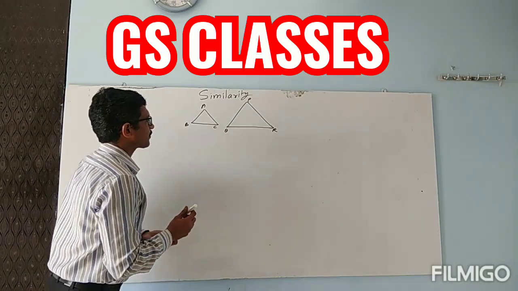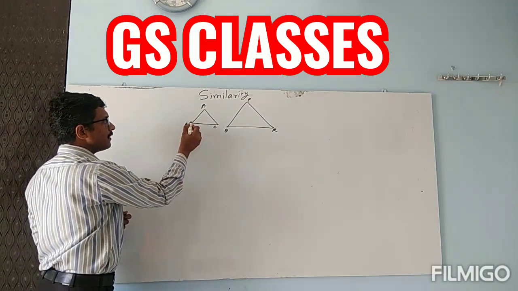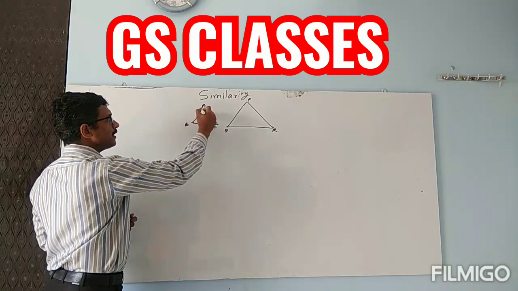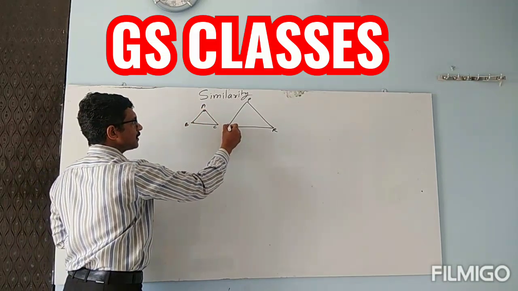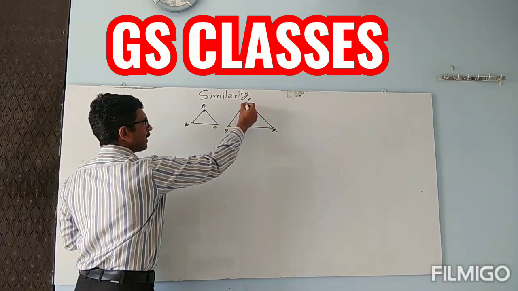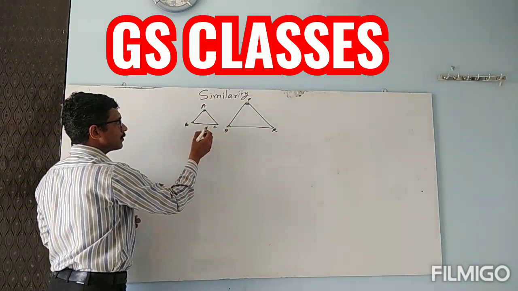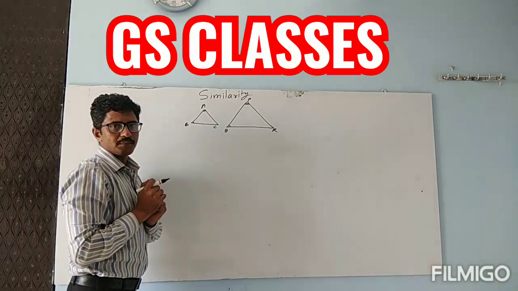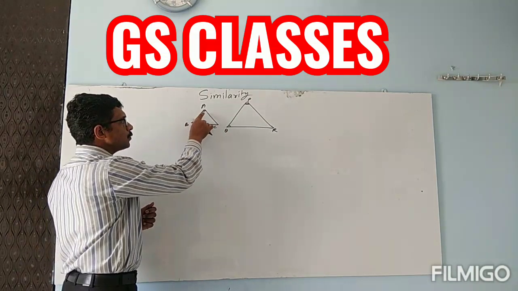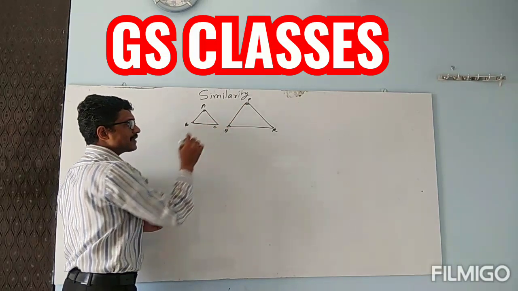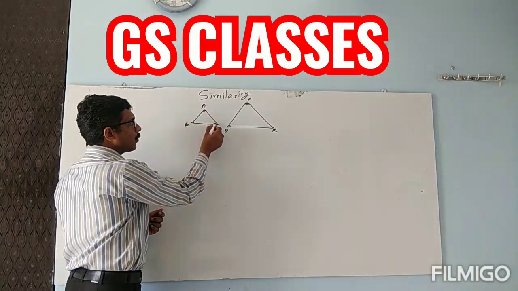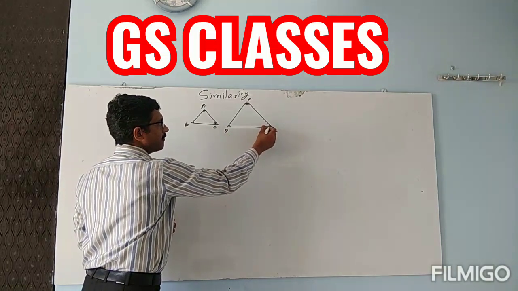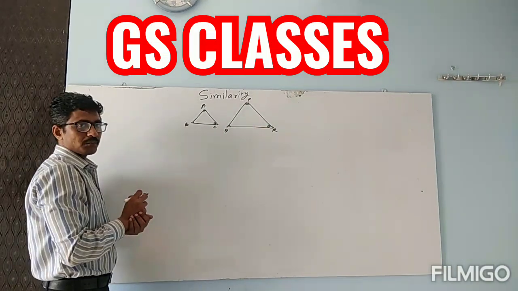Children, when we use the word similar, then we actually mean that at least two angles are the same. Because if two angles become exactly the same, then the third one will automatically have the same value.